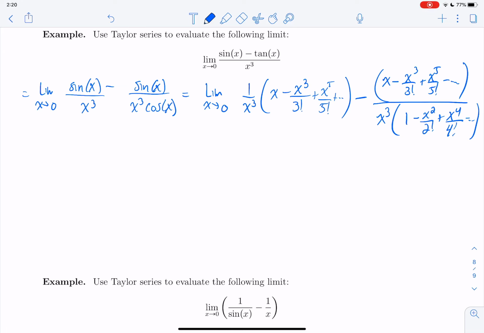And the key is that after we write all this out, we can start trying to simplify a little bit. This becomes the limit as x goes to 0. But what happens when we start distributing here?